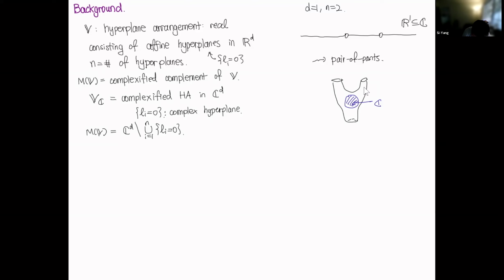So the main goal of our paper and this talk is to study the symplectic handle structure of complexified hyperplane arrangements.